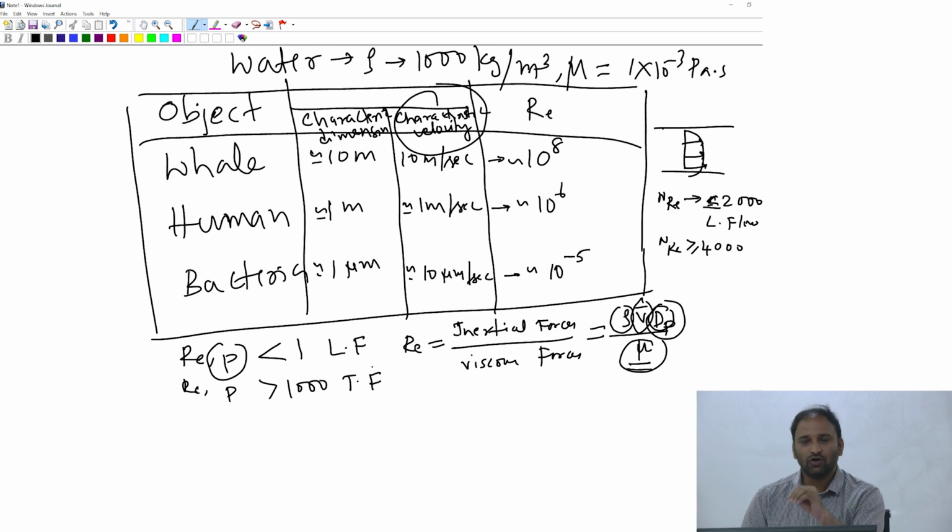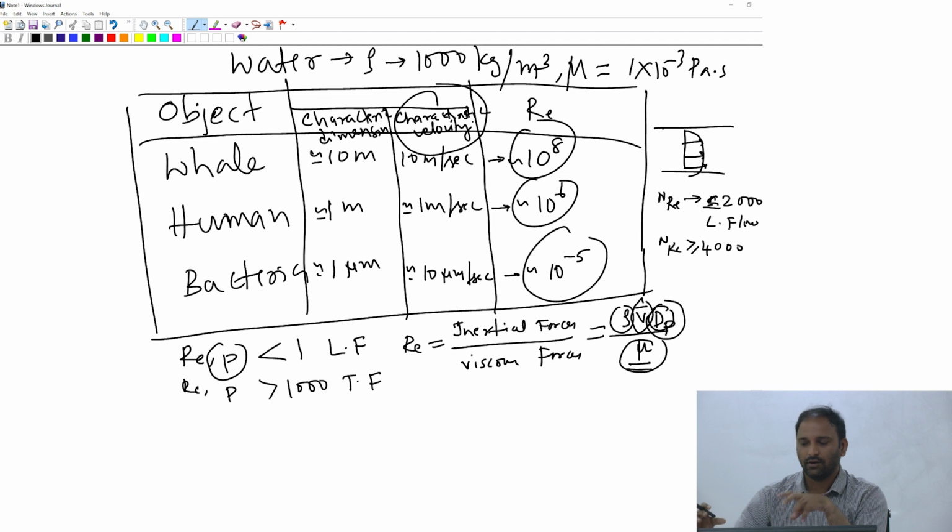The fluid in which the objects are moving is fixed, that is your water, with a given density and viscosity. All that you changed was the object. You had a whale swimming, a human and a bacteria, and you can look at the Reynolds numbers. They are markedly different.